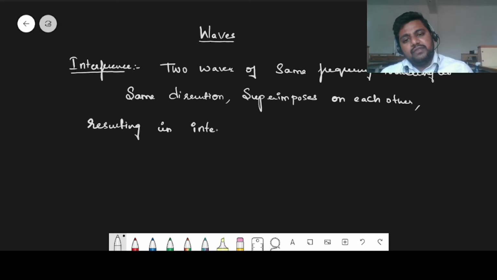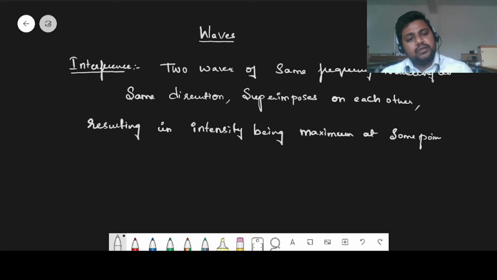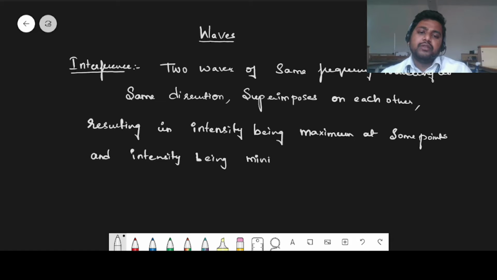intensity of those waves being maximum at some points and intensity being minimum at some points.